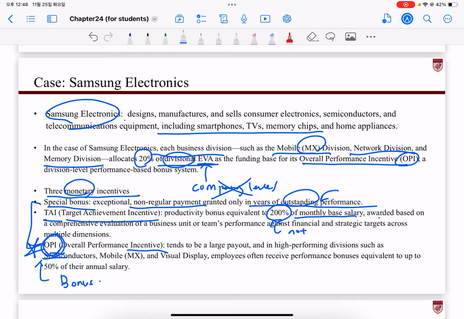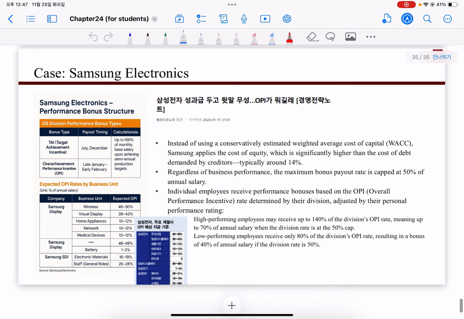So the implication of the OPI is that if you're in a high-performing division like semiconductor, MX or visual display, then you will get much higher pay, equivalent to up to 50% of the annual salary. So depending on which division you're in, you may be a highly compensated employee or not, right?